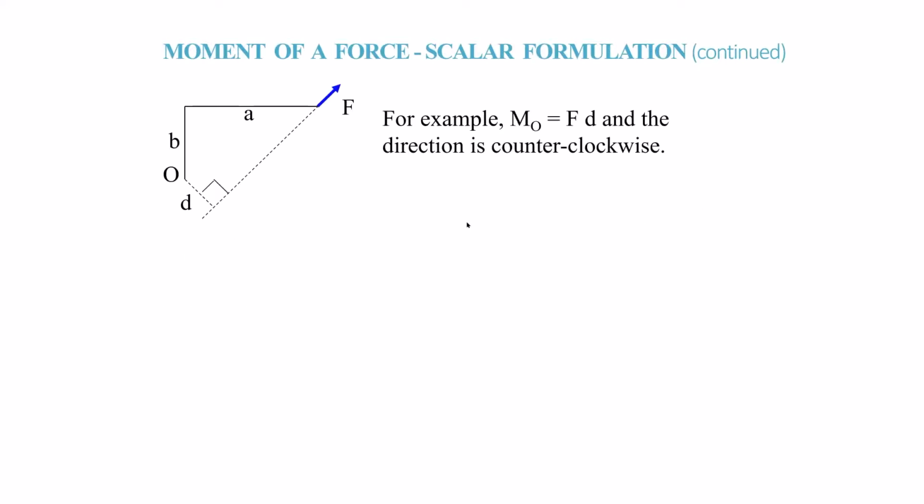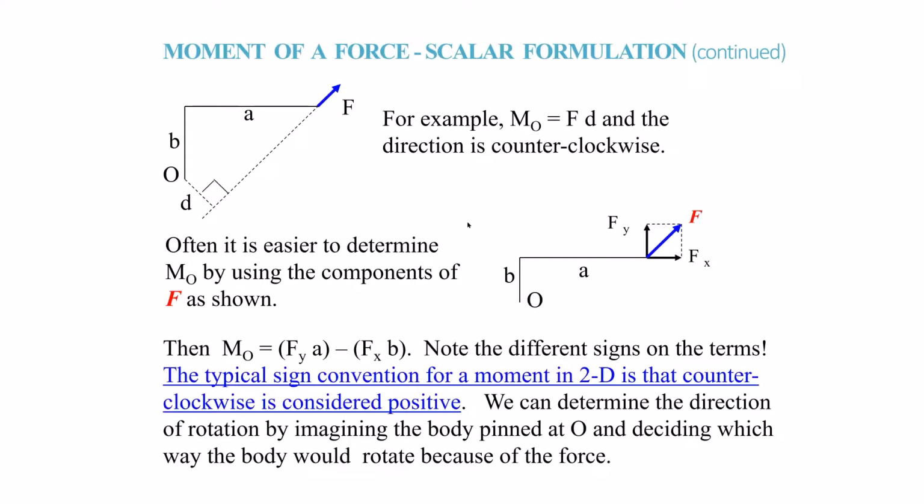Continuing on, here's a special case. You have a bar connected at point O, and we're trying to find the rotation about point O. The bar goes up like this and goes up like this at 90 degrees, and then you have a force acting at a distance here, off at an angle.